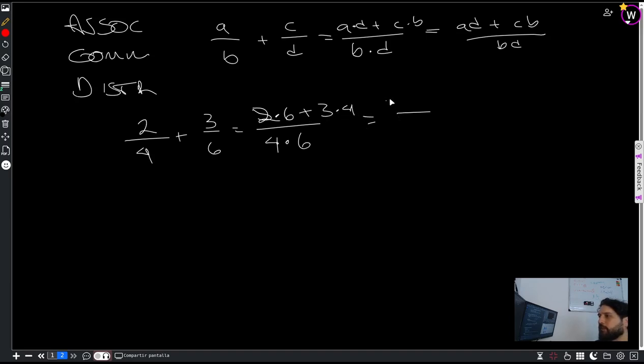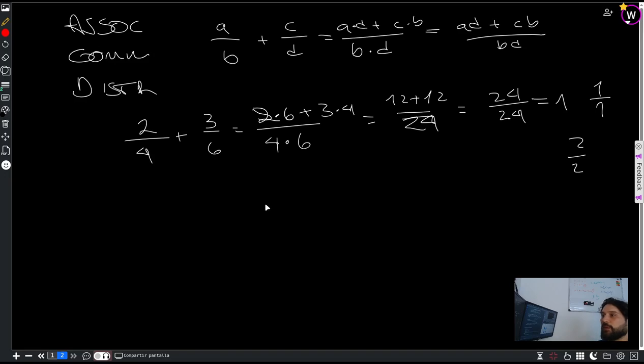We have 24 over 24. And this is totally fine, but if we wanted to take it to its lowest expression, this would be 1, or just 1 over 1, or you could express it 2 over 2. Again, rational numbers can be expressed a lot of different ways.